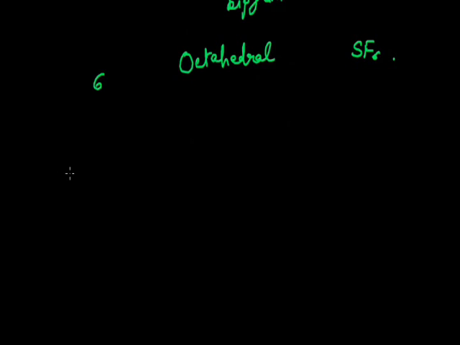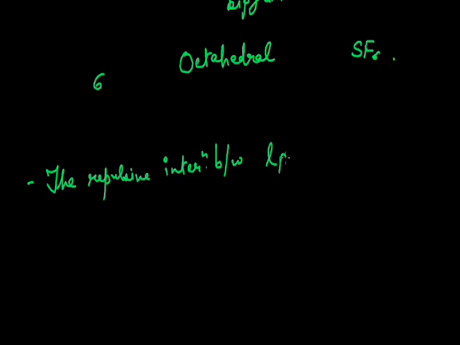Now, since the nature of electron pairs in a molecule is different, the repulsive interactions among these lone pairs and bond pairs would also be different. So the next point of the theory says that the repulsive interactions between lone pairs and bond pairs are different from each other.